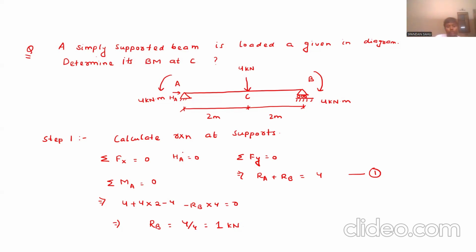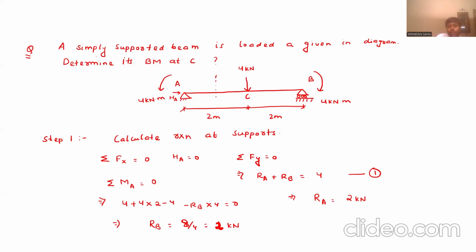Oh, okay, okay. This is 4 plus 8 is 12. 12 minus 4 is 8. 8 by 4 is 2. So it will be 2 kilonewton. That is the reason I was thinking why it is coming out to be 1 kilonewton. So if RB is 2 kilonewton, upon substituting, RA you will also get 2 kilonewton. So now we got every reaction.